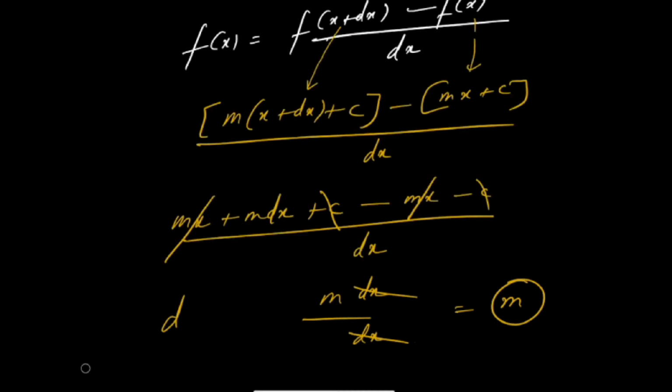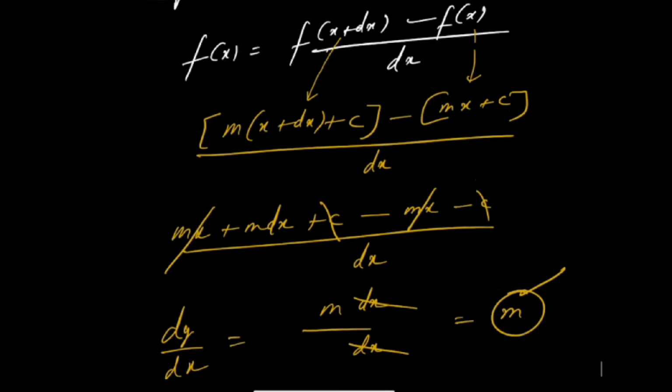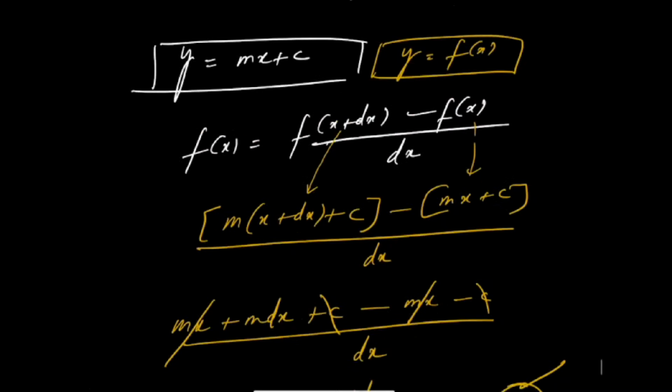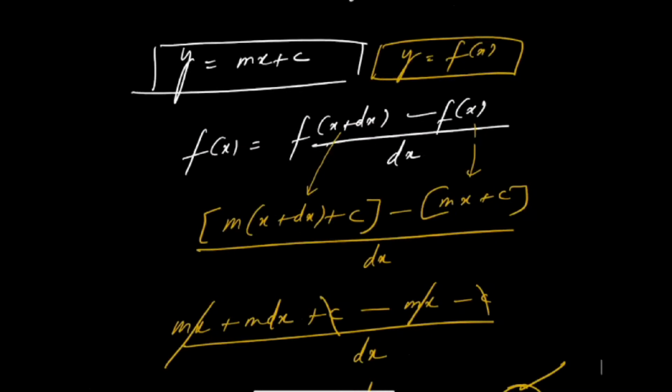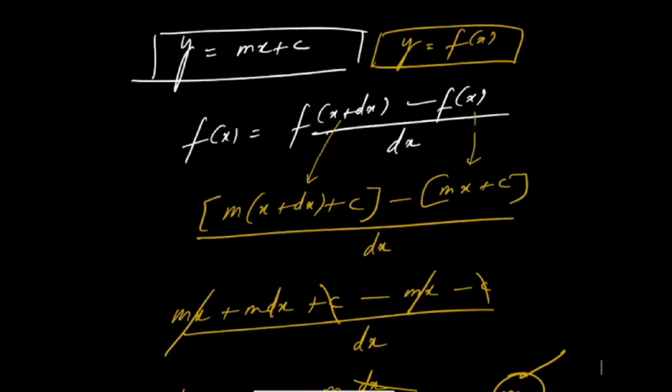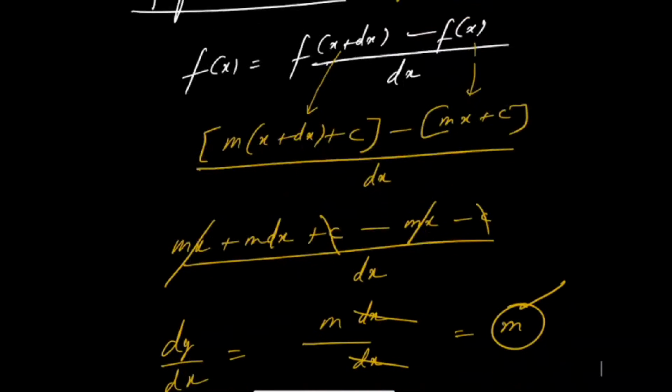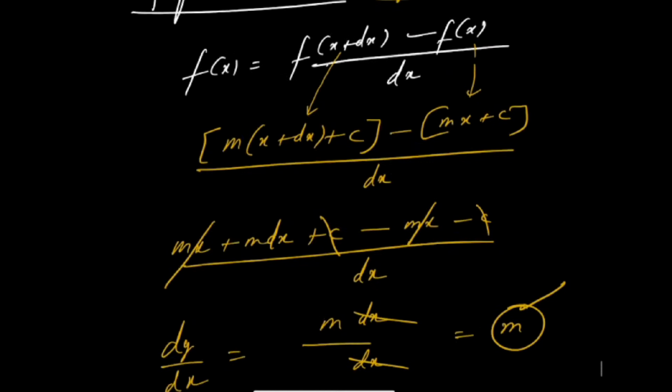So dy by dx is m. Now is m a constant? Yes, it's a constant, because this value is not depending on x. That means m is a constant, and we already expected that because this is a straight line and its slope must be constant. That means it should not change with the value of x. Everywhere you go, the slope should be the same, and it should be equal to m also. And we got m. Clear?